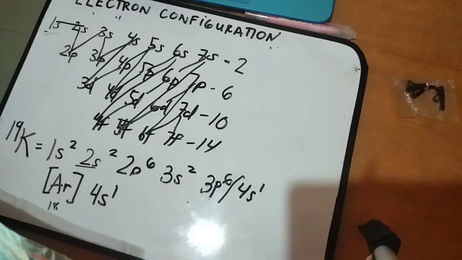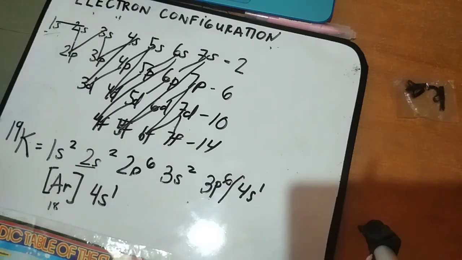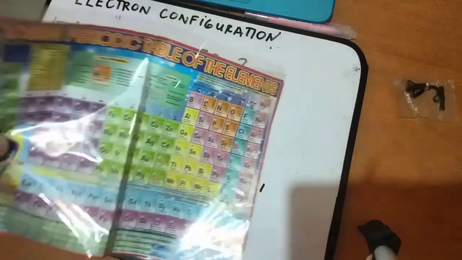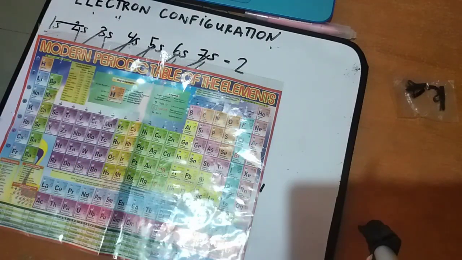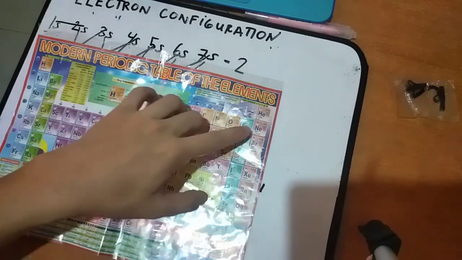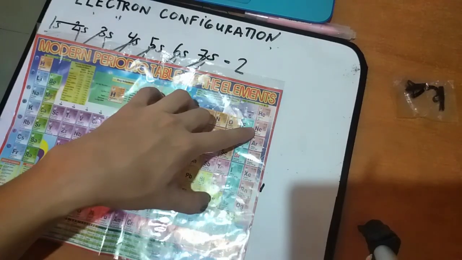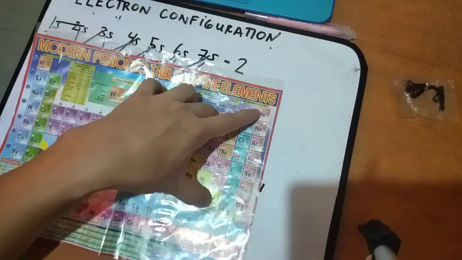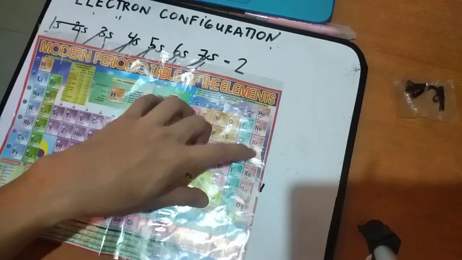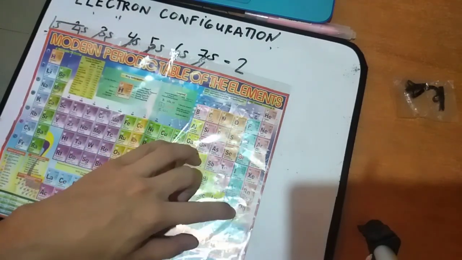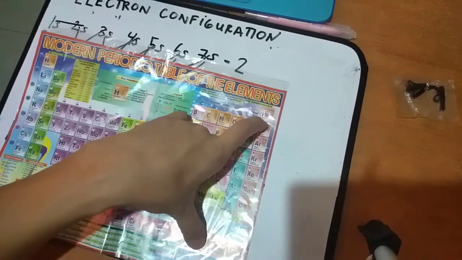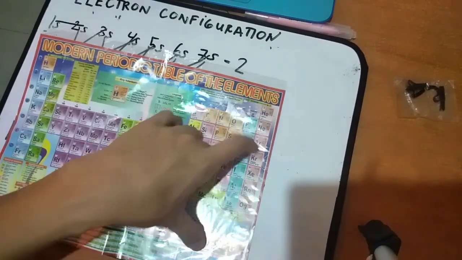Para mas madaling gawin yung electron configuration. Mas mabilis. So, ang tatandaan mo lagi, kung titingnan mo yung periodic table, is that this is your helium, neon, argon, krypton, xenon, radon, and oganesson. So, ito yung mga may noble gas configurations.